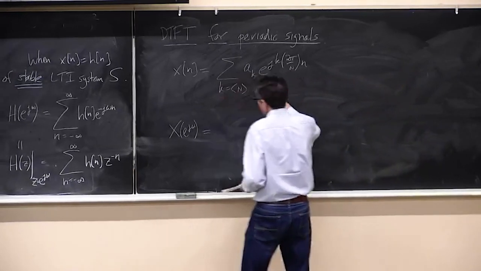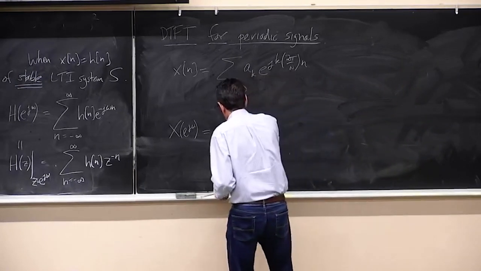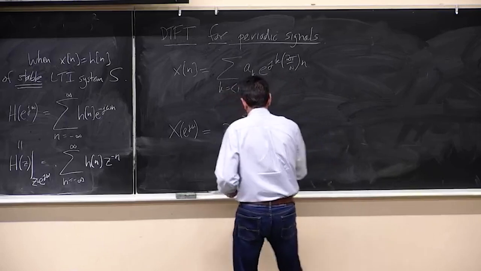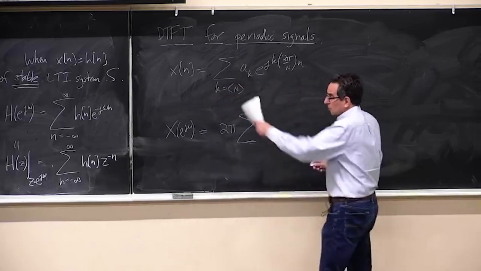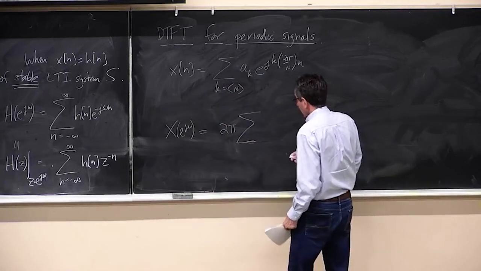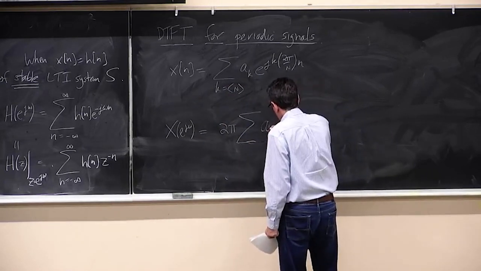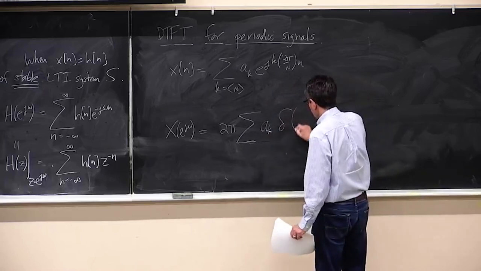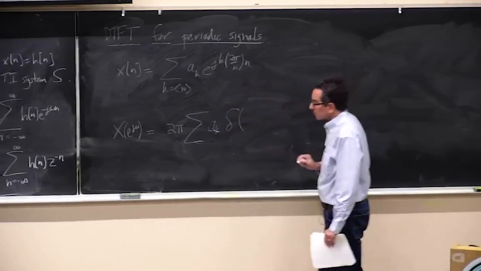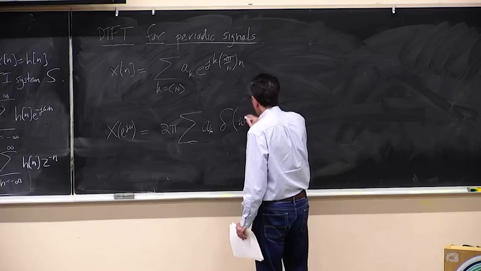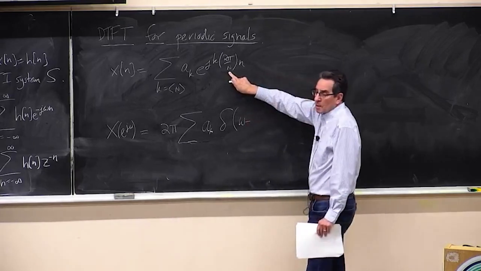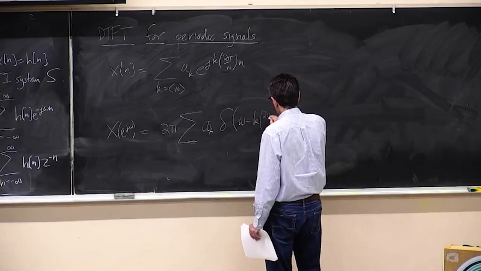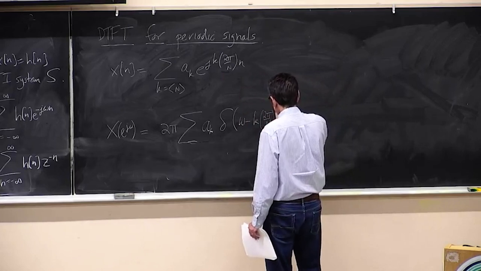So to make that synthesis equation work, we again use a sub k as the nominal weight associated with an impulse, and the impulse should be located at the harmonics, at k times 2 pi over n.